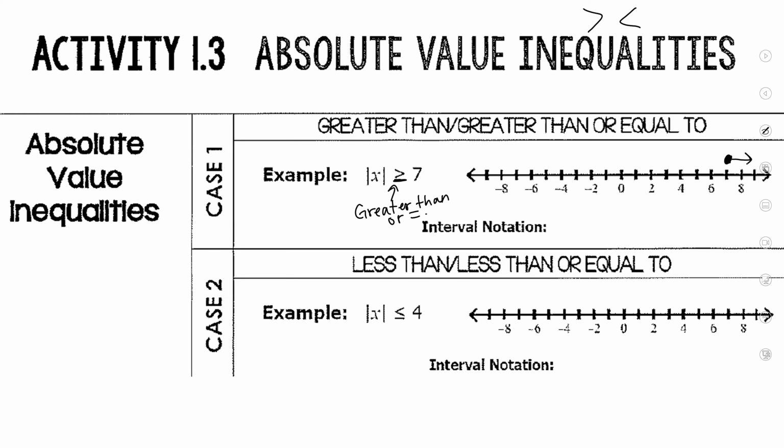okay? Now, guys, remember, we're talking about absolute value here. We want to know what things have a distance greater than 7 away from 0. So quick question, guys. Everyone put a point at -7. Do you guys remember what the absolute value of -7 is?